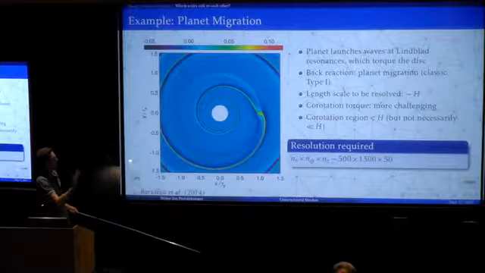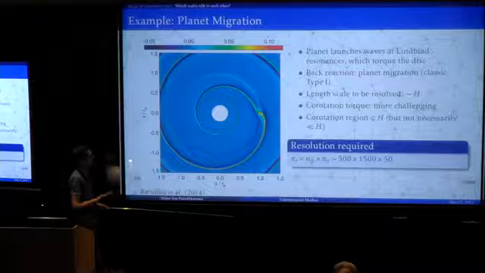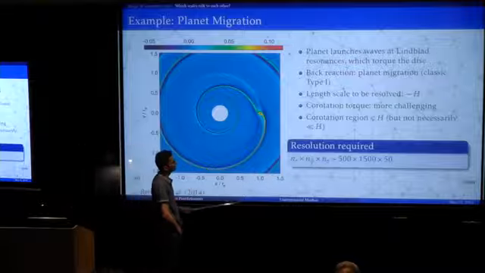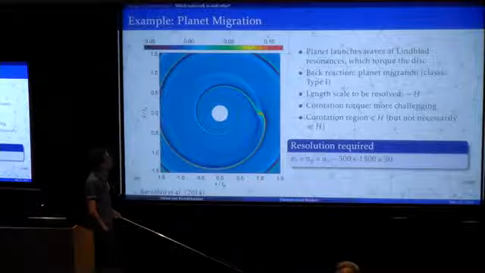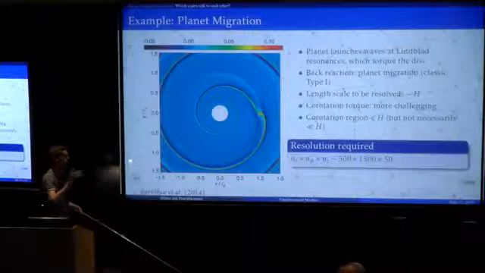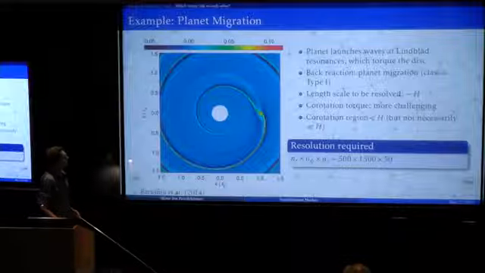So I would argue that for simulations like this, the resolution required in a global simulation is a couple of hundred grid points in every direction, and that's challenging but doable. Challenging also because they have to be run for many dynamical times in some cases, but it's doable.